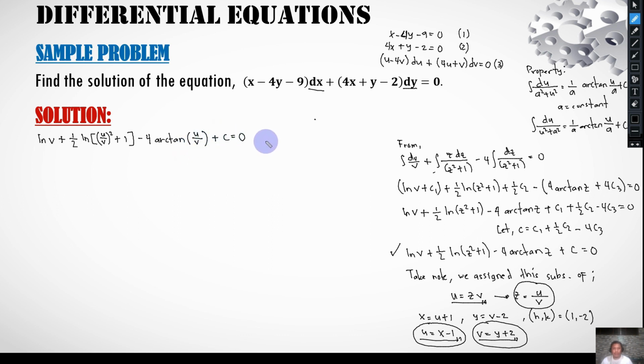If we assign this one as equation 4, since we already have equations 1, 2, and 3, we are going to substitute u equal to x minus 1 and v equal to y plus 2.